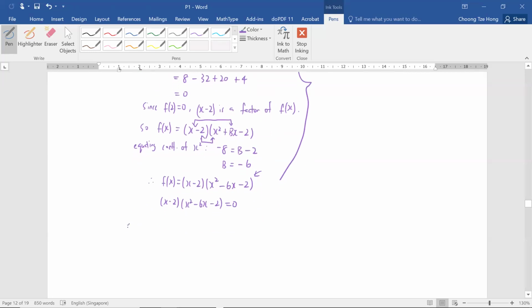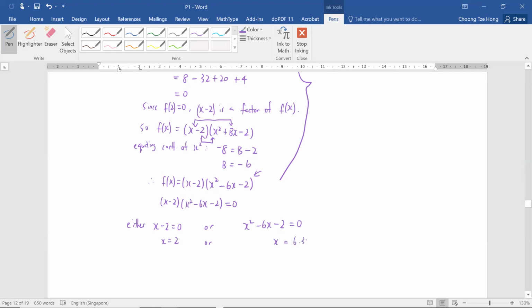From here we get either x minus 2 is 0, so x equals 2, or x squared minus 6x minus 2 equals 0. From here you can just use the quadratic equation. But for a question like this, which is just 4 marks, you can directly use your calculator to get the two values of x.